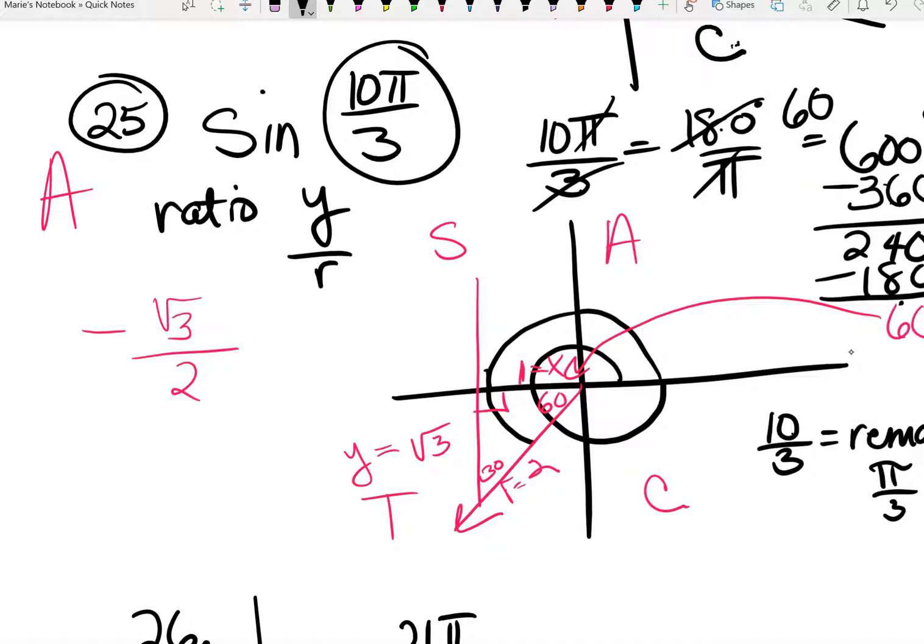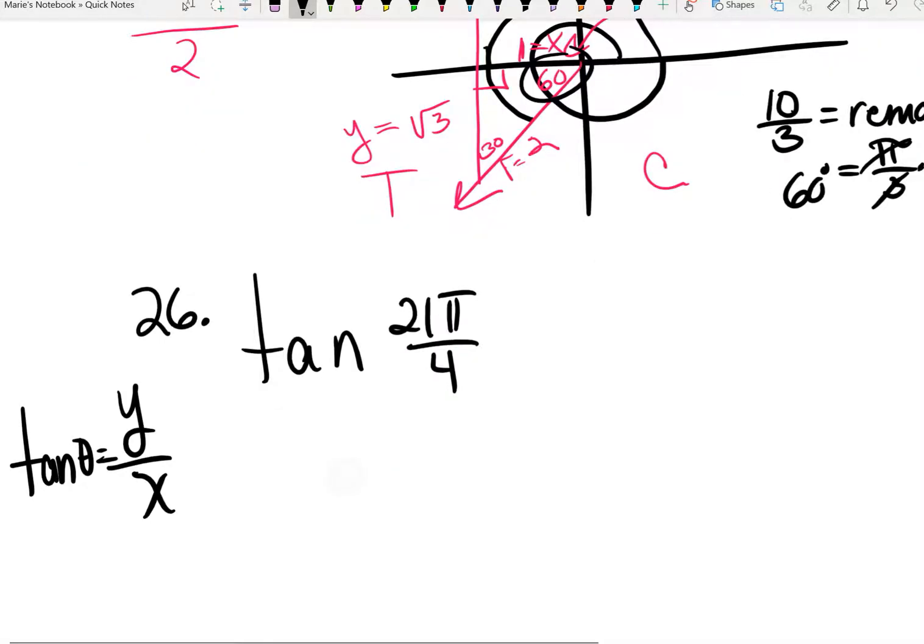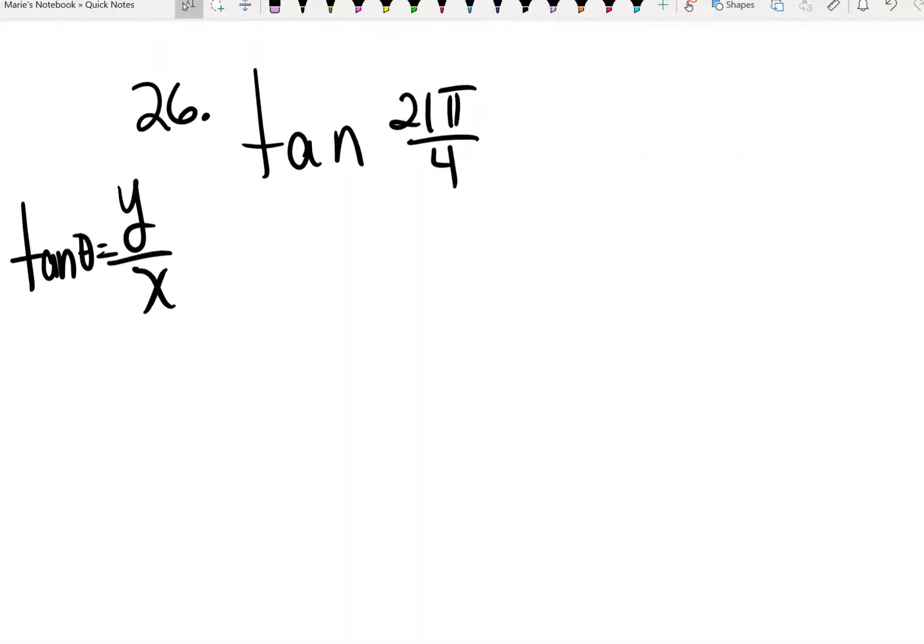If you convert this 180 over pi, convert it to degrees, this cancels, leaving you 60 degrees. That's the number you were looking for. But you should look at it, especially when you do the final, make sure that you're looking at it from all angles, okay? Okay, so for 26.